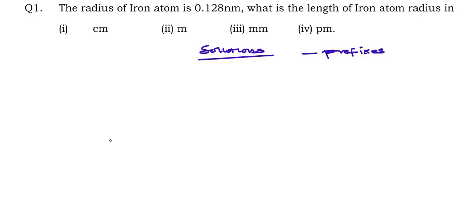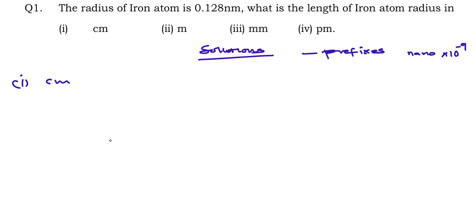For example, in this question they have told us to convert from nanometers. When you hear the word nano, it means 10 to the power -9. That's how we write this. So to convert this into meters, we are going to multiply by 10 to the power -9. Our first question is to convert into centimeters.